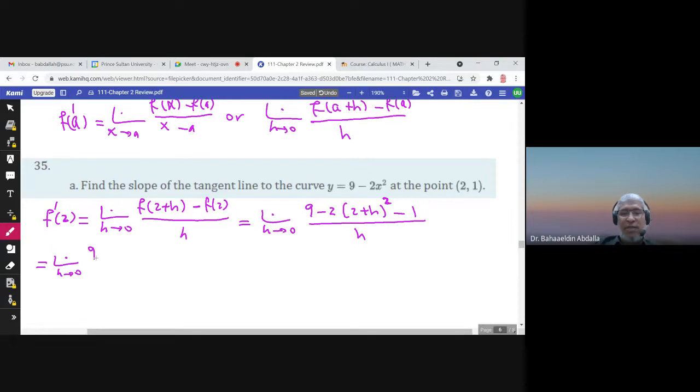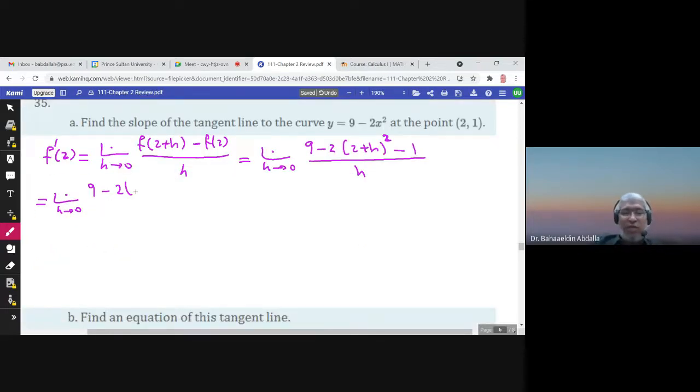Let us expand. What is the square of 2 plus h? 4 plus 4h plus h squared minus 1. Well, 9 minus 1 is 8. So I can just erase this one and write 8 here over h.